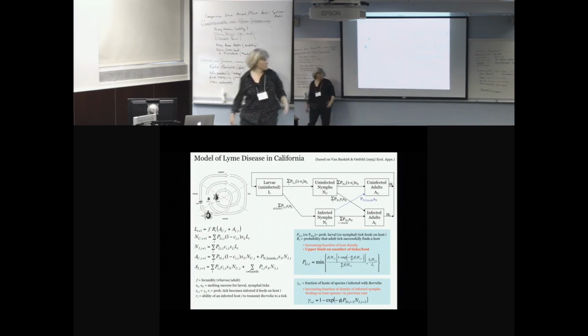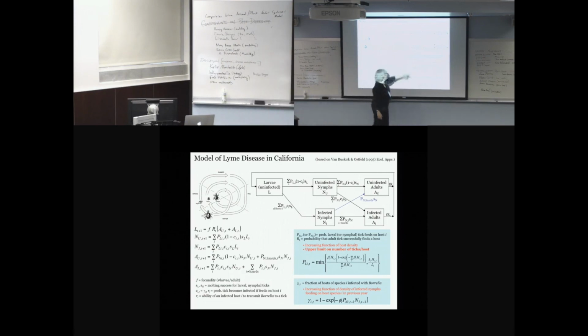We decided to include the density dependence in the tick finding of hosts, and if there's too many, we basically assume that the hosts fill up, and if the hosts are actually full, which probably isn't the best assumption, that any extra ticks are lost, and so that ended up being a strong source of density dependence.